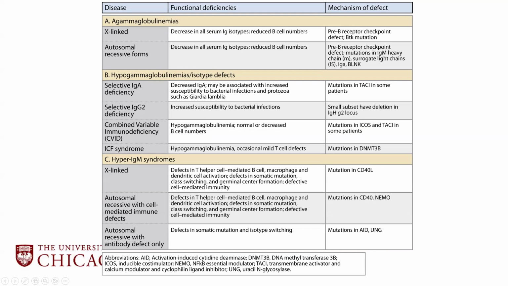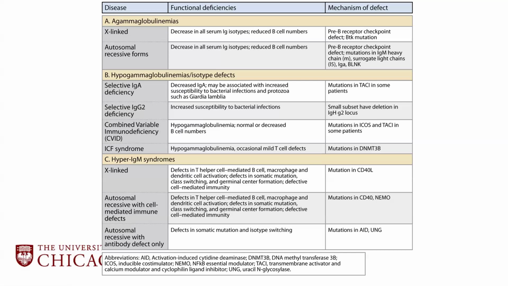These would be mutations in IgM heavy chains, surrogate light chains, Ig-alpha, for example. Selective IgA deficiency has been recognized with a mutation in TACI. In CVID, mutations in ICOS and TACI have been recognized in some patients. Hyper IgM syndromes, there could be a mutation in CD40 ligand in the X-linked version, but there are also autosomal recessive versions where you can get mutations in CD40 and NEMO.